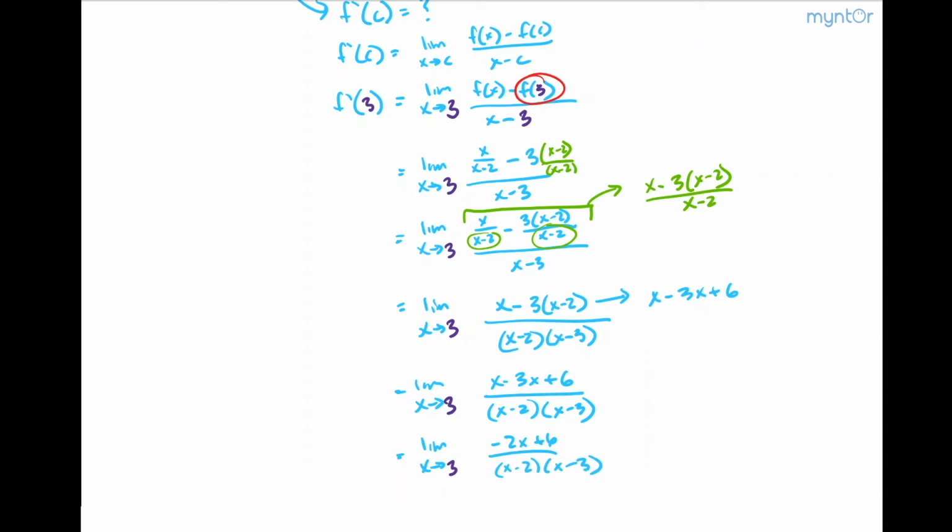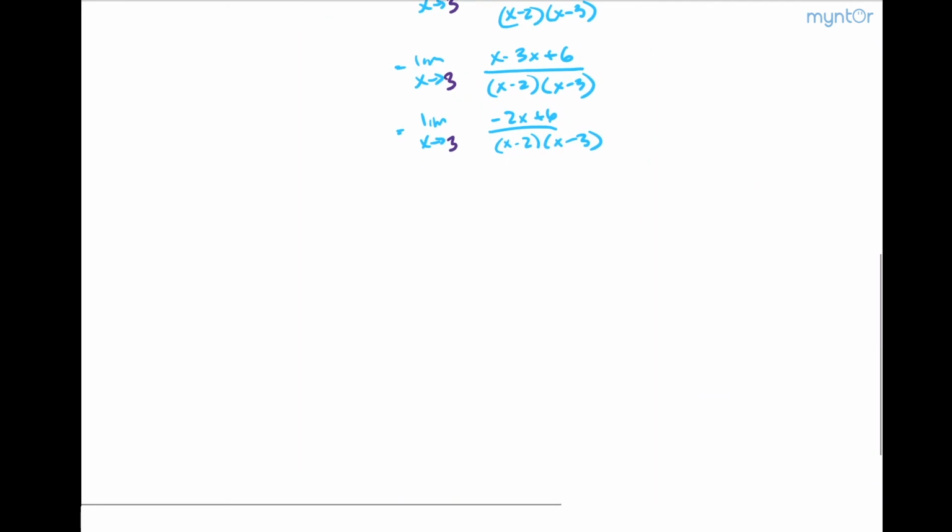And this is equal to the limit as x approaches 3. Hang in there, guys, we are almost done. So we factor out the negative 2, and so we have negative 2 times x minus 3 over x minus 2 times x minus 3.